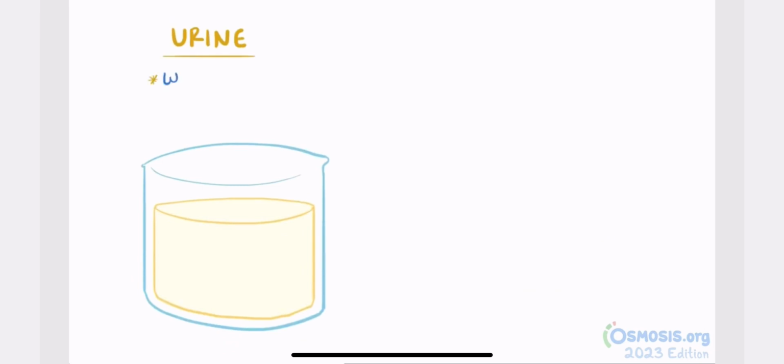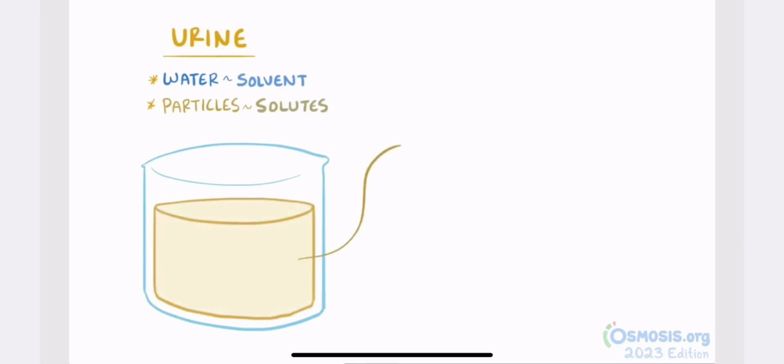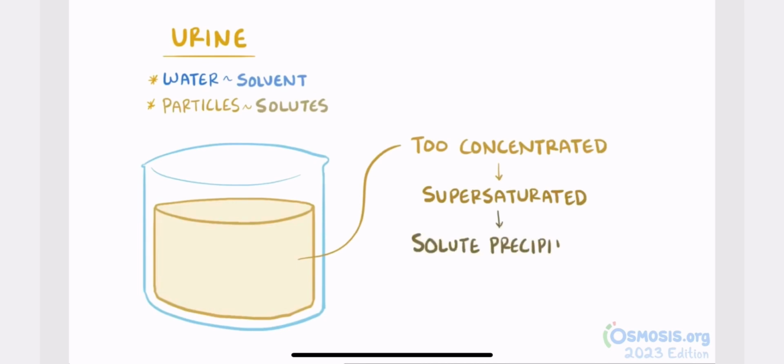Now, urine's a combination of water, which acts as a solvent, and all sorts of particles, or solutes. In general, when certain solutes become too concentrated in the solvent, they become supersaturated. Urinary supersaturation of certain solutes results in precipitation out of the solution and the formation of crystals.